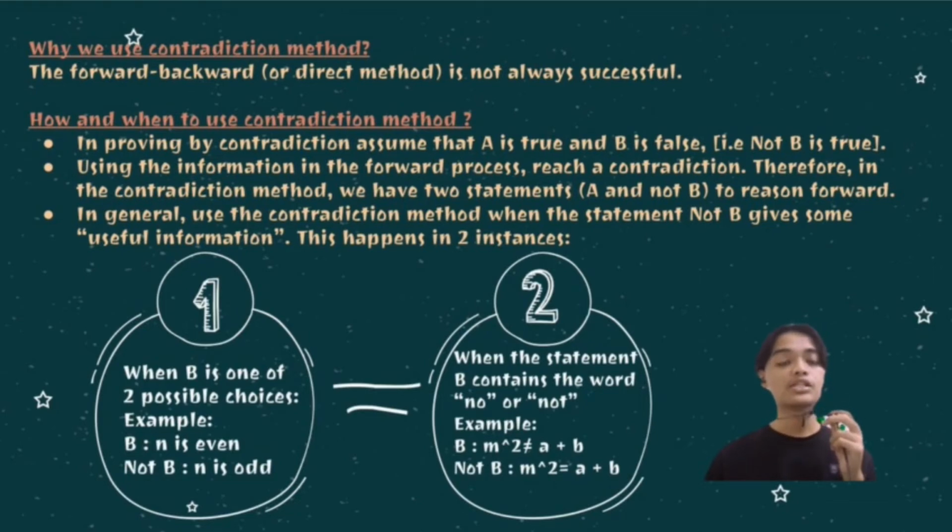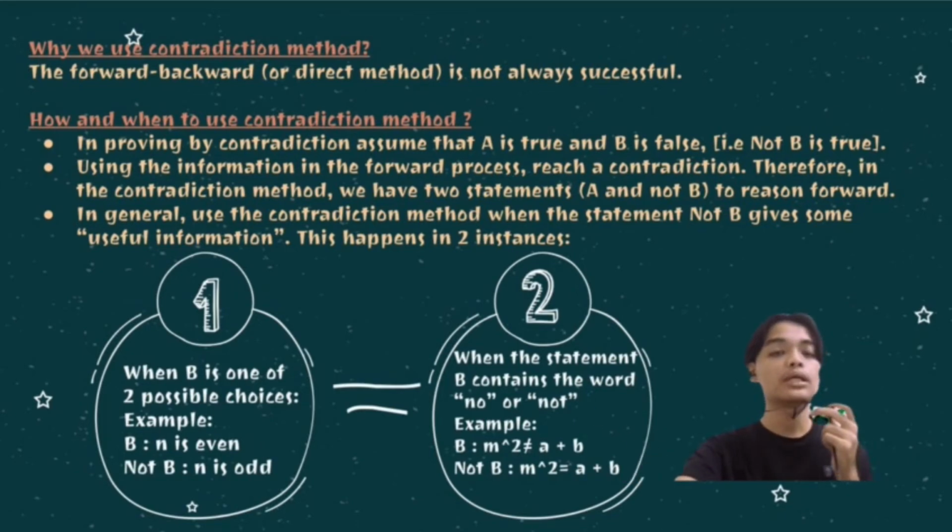Assume that A is true and B is false, or not B is true. Using the information in the process, we reach a contradiction. Therefore, in the contradiction method, we have two statements, A and not B, to reason forward.